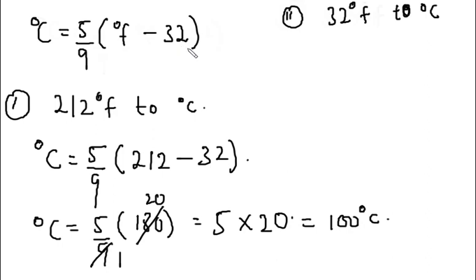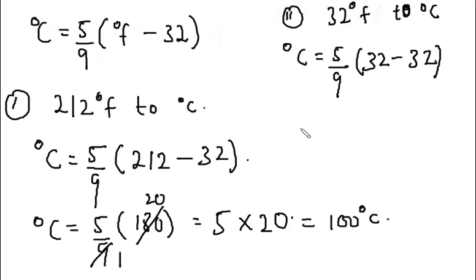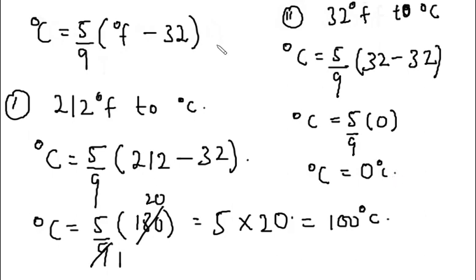So degrees Celsius should be equal to 5/9 (32 minus 32). 32 minus 32 is 0, and 0 times 5/9 is 0. The equivalent is 0 degrees Celsius. This simply means that 32 degrees Fahrenheit is 0 degrees Celsius.